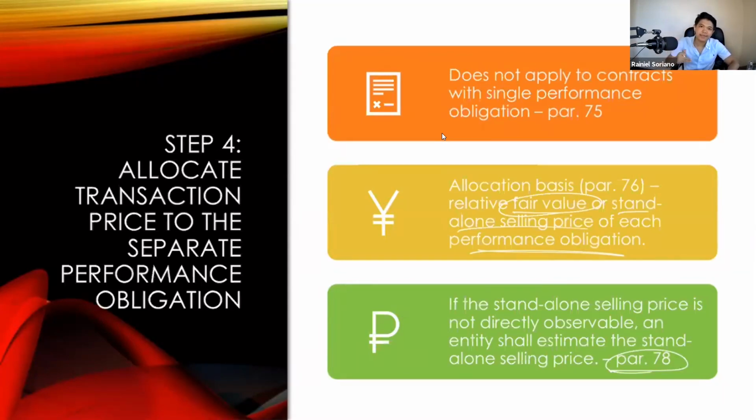So later, i-discuss ko yung mga methods on how we can estimate the standalone selling price of that performance obligation. But in the next slide, try muna natin mag-allocate with the assumption na lahat ng performance obligation may relative fair value or standalone selling price.